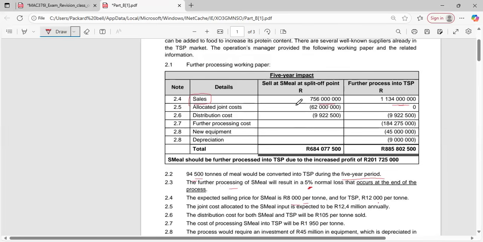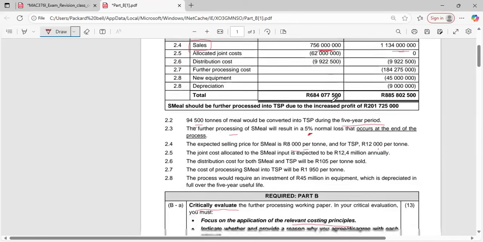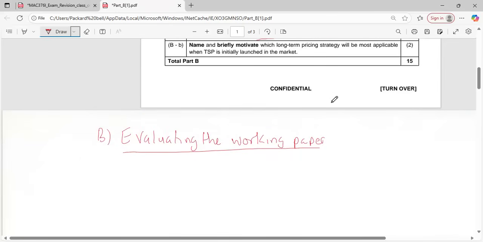So this 756 million is correct. So in your working paper, you are now going to say S meal sales at split off point is correct.